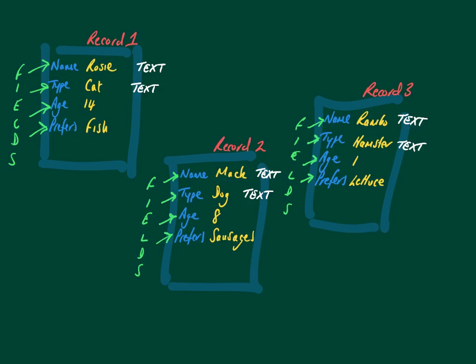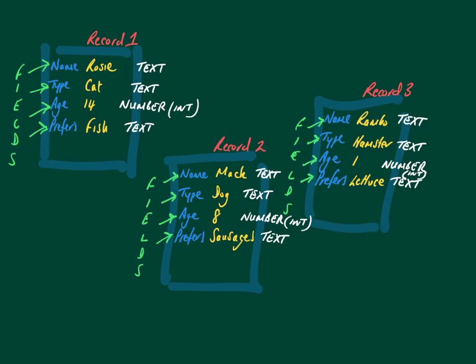And exactly the same for prefers, because prefers fish, sausages and lettuce, they're all text too. The age field is slightly different. It's obviously numeric, so we have 14, 8 and 1, and so we can say that that's just a number field. Although you could go into more information and say it's a whole number, so an integer number.